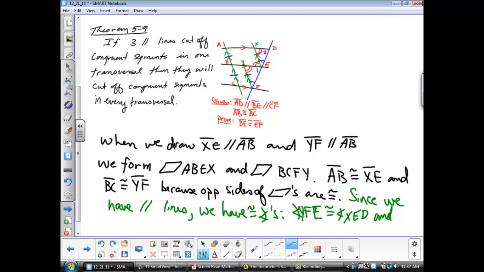And angle 1 is congruent to angle 2, both of them because corresponding angles of parallel lines are congruent.